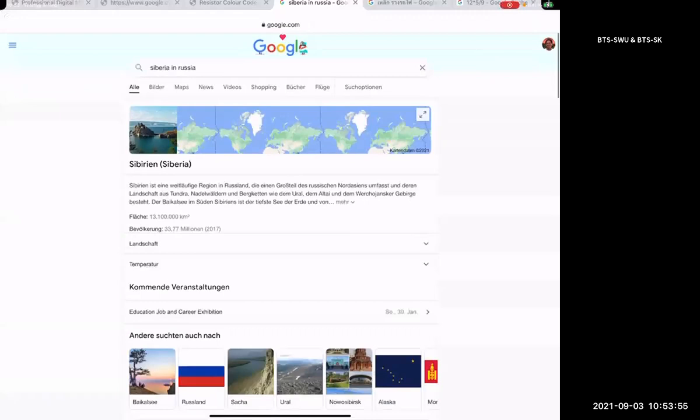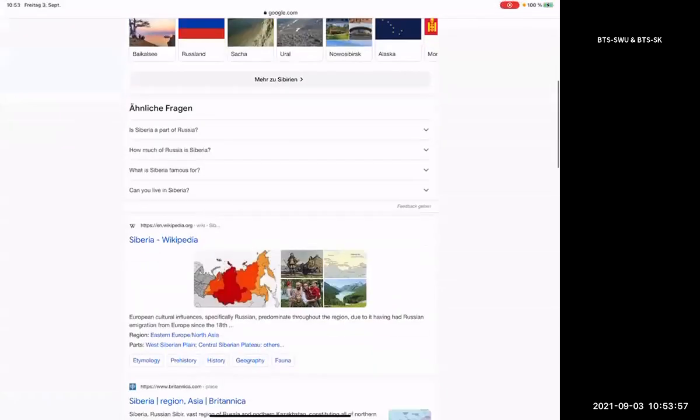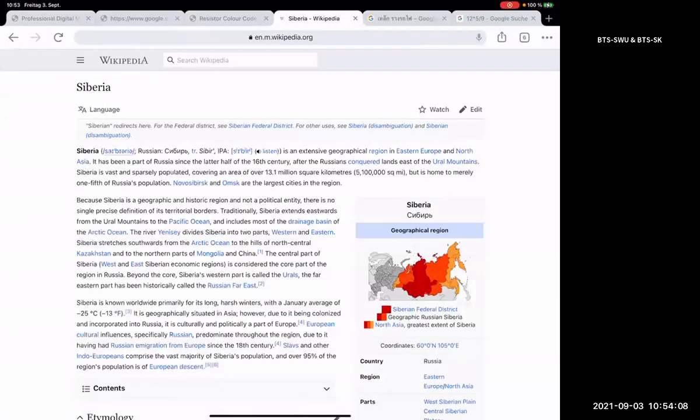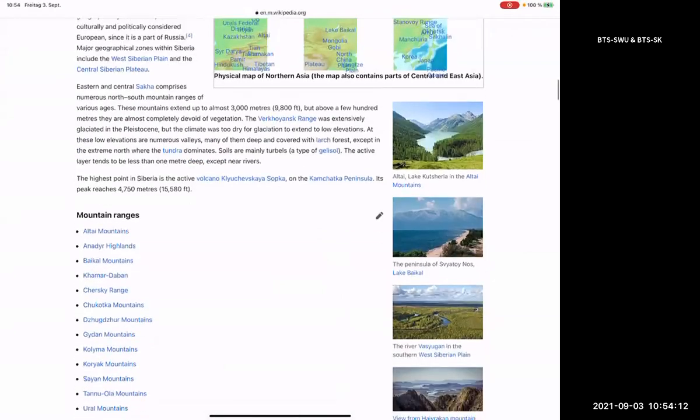This is a part of Russia and you can see their location in winter. Yeah, you can see the weather there.